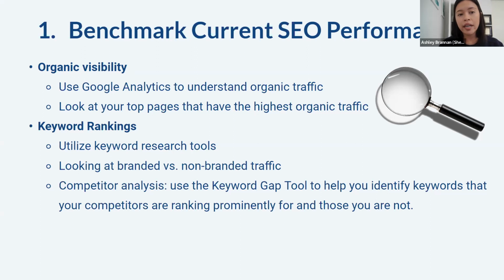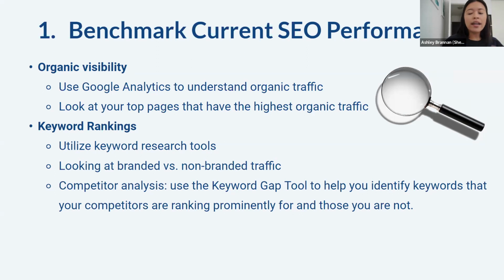Tools like Google Analytics will allow you to see different metrics, like some of the top pages that are bringing in the most organic traffic, seeing how many conversions or what types of conversions organic traffic is bringing in, and overall how many users on your website are organic.